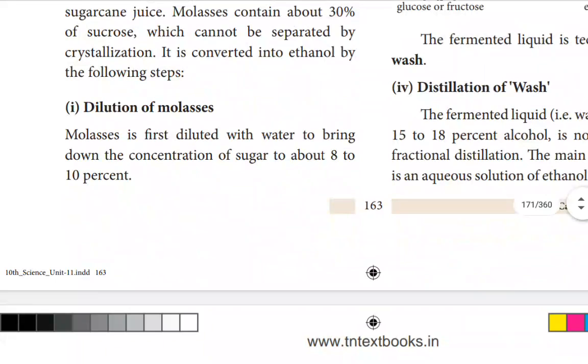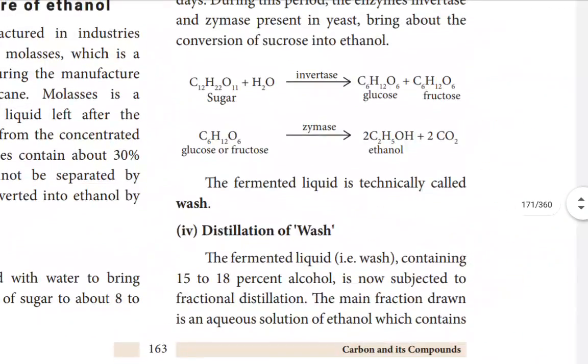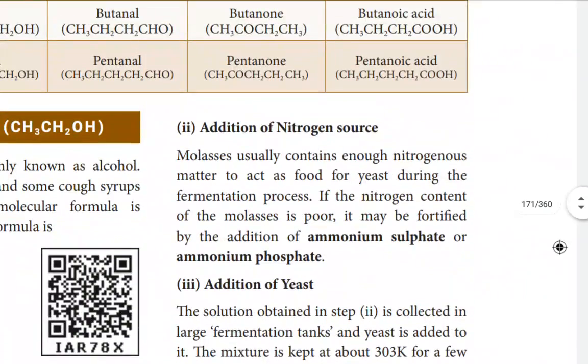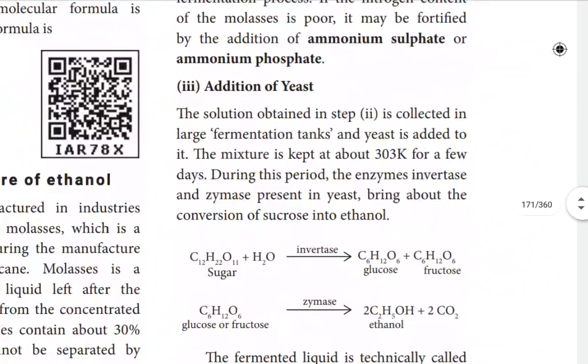So in the dilution process, 30% of sucrose is reduced to 8 to 10% of sucrose by the addition of excess water. Then comes the addition of nitrogen sources. If the nitrogen source is not sufficient, the sugar molasses is fortified by the addition of ammonium sulfate or ammonium phosphate, then it is taken to the fermentation tank.